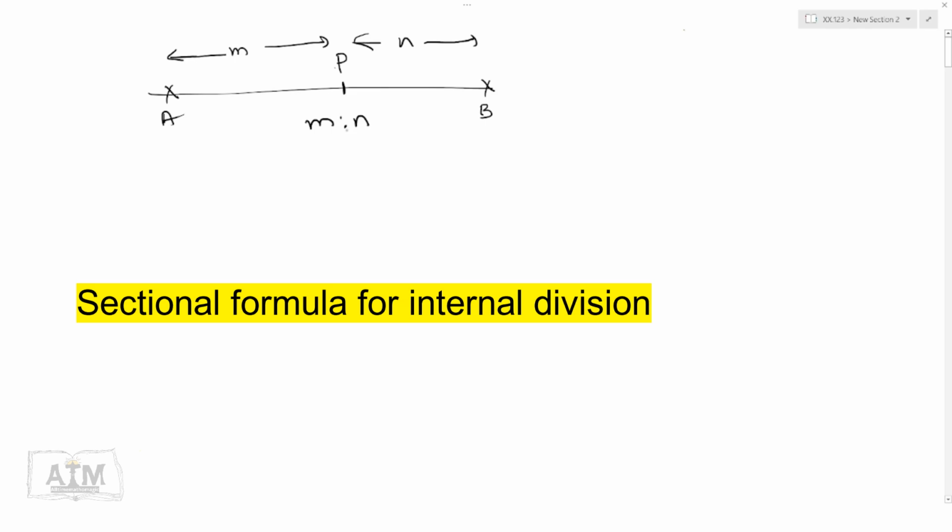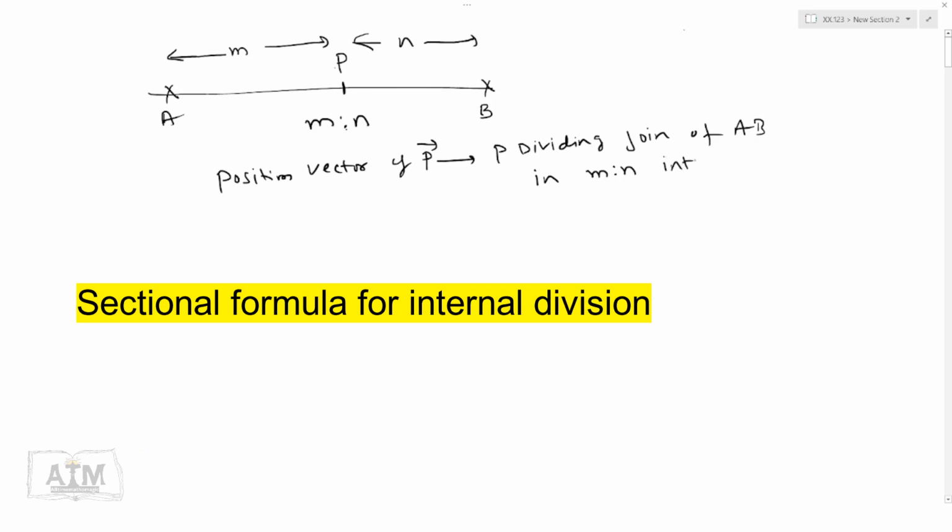Since P is between A and B, we say internally. So P divides the join of AB in the ratio m to n internally. It is an internal division. We want to find the position vector of point P.